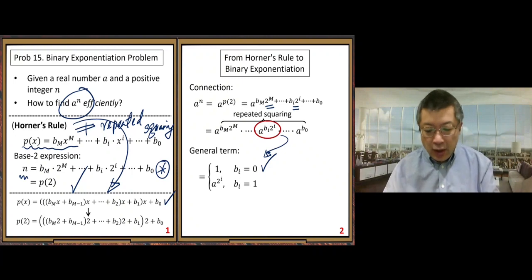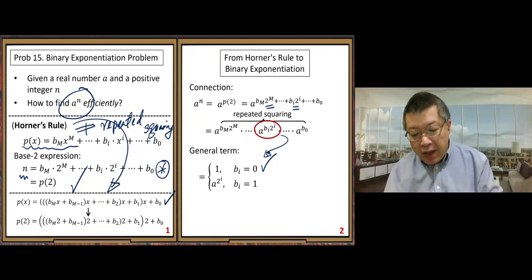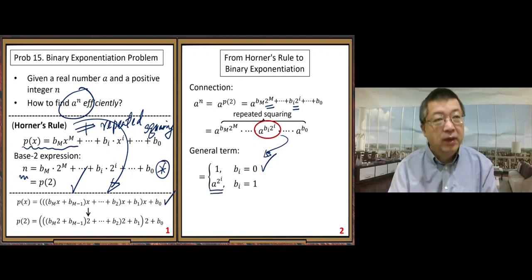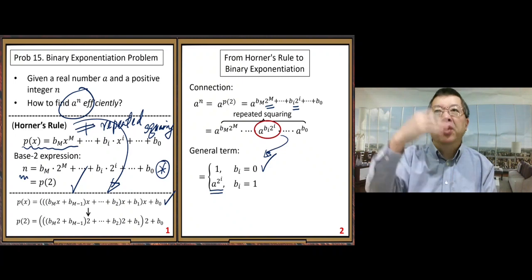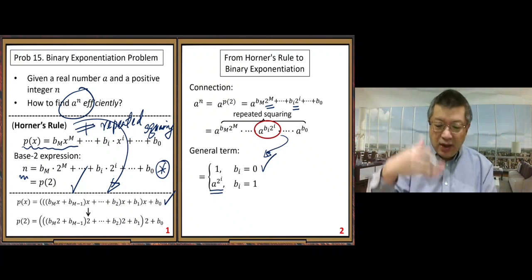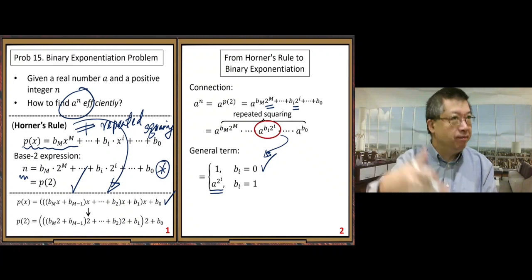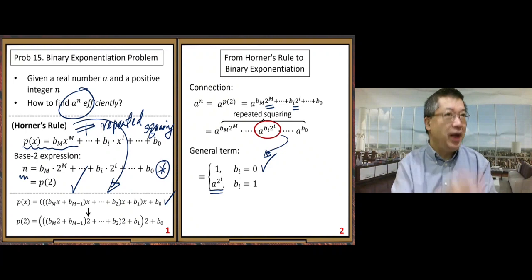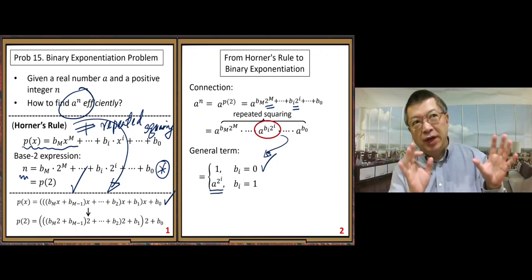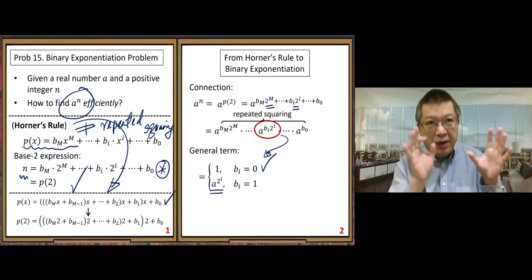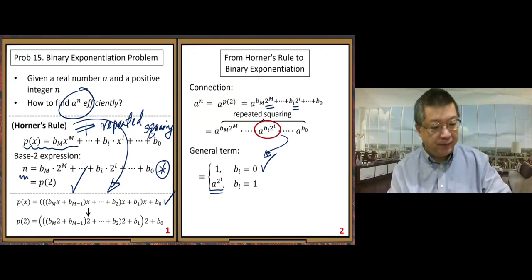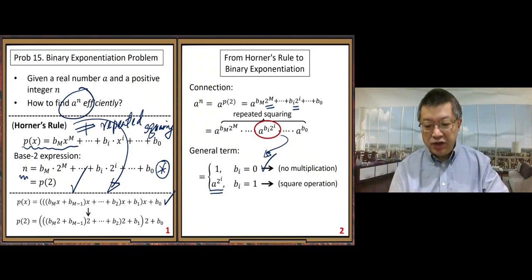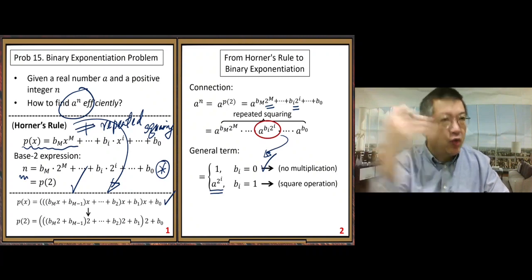But when b sub i equals 1, then we get the special form that corresponds to repeated squaring. That's how we use repeated squaring to calculate a to the nth. So in the first case, no multiplication. In the second, we need to use the square operation.